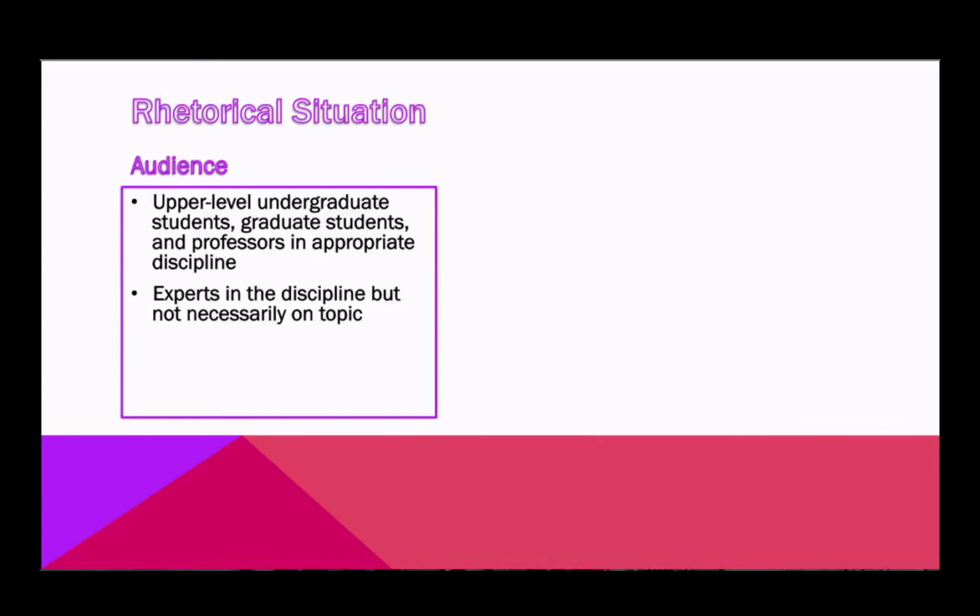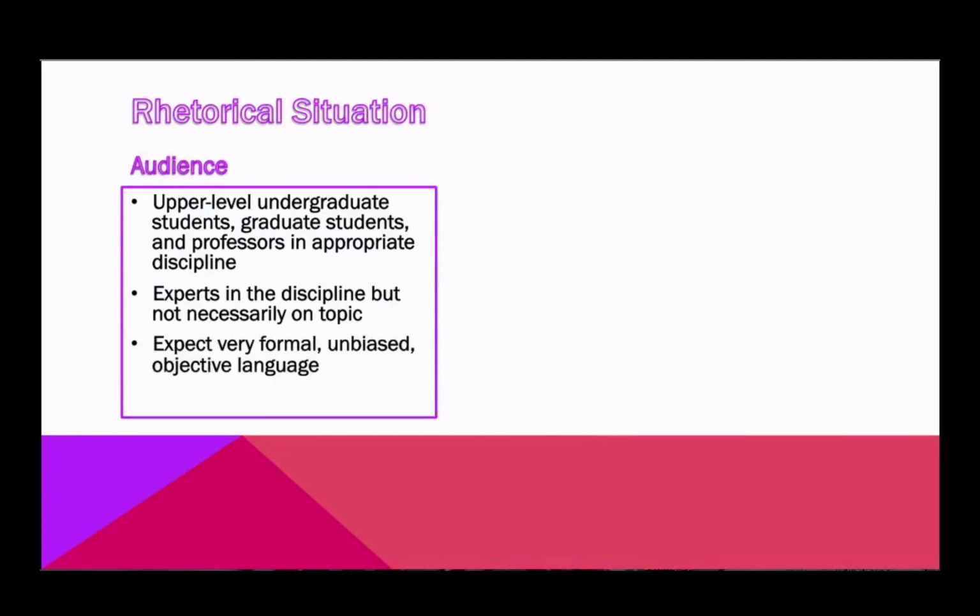They definitely will be very familiar with terms that are commonly used within the discipline. But if there's specific terminology that's used regarding the topic that you're discussing, you might need to provide definitions for those.